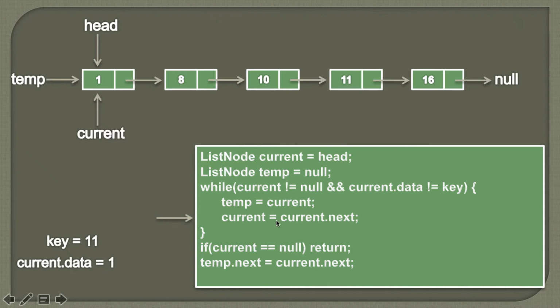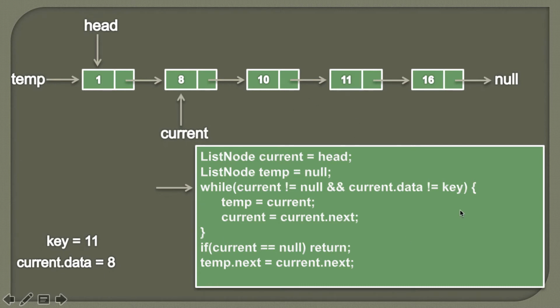In the next step we'll traverse current to its next position by assigning current next value to current. So current points to the first node and its next points to the second node. Therefore we'll assign current next value to current. Moving ahead, current is not equal to null and current data is 8, which is not equal to 11.